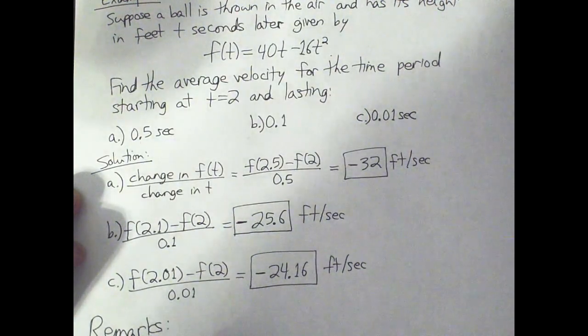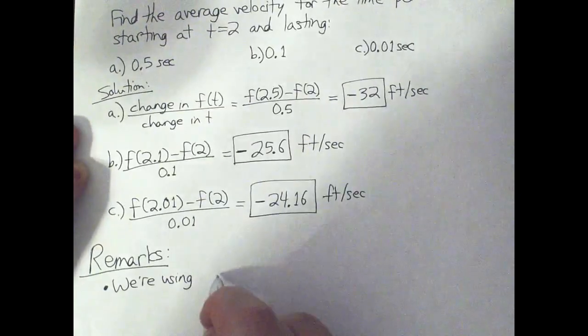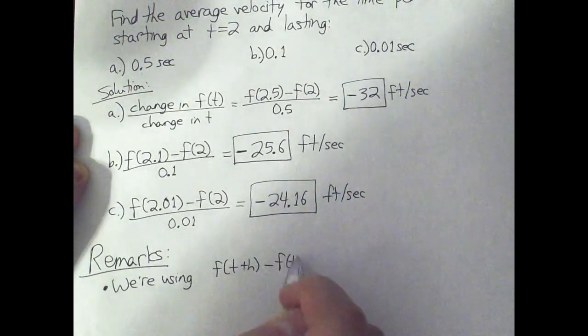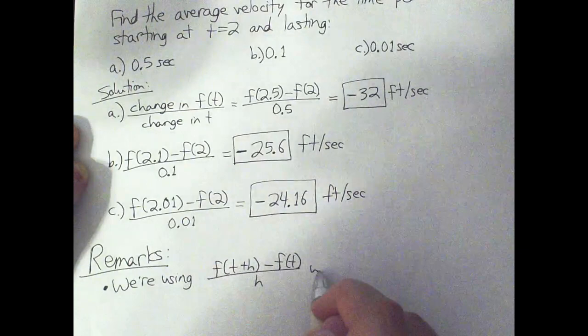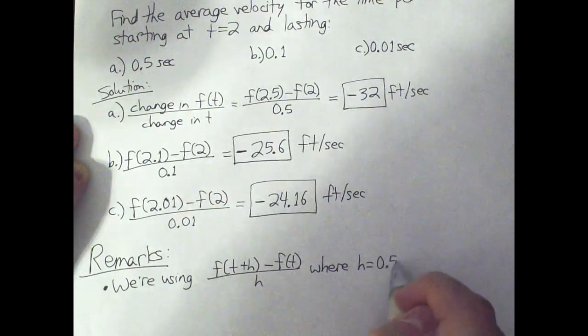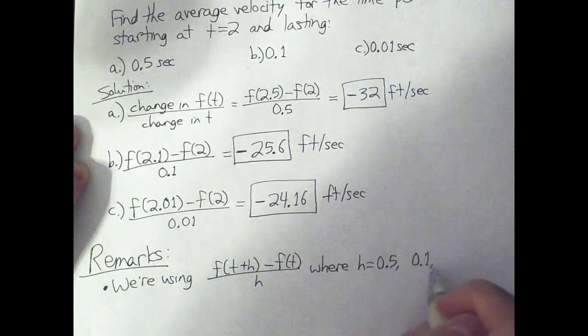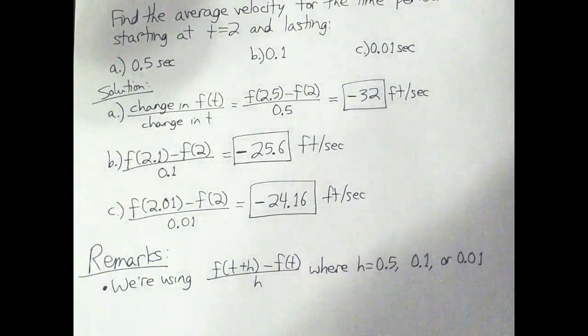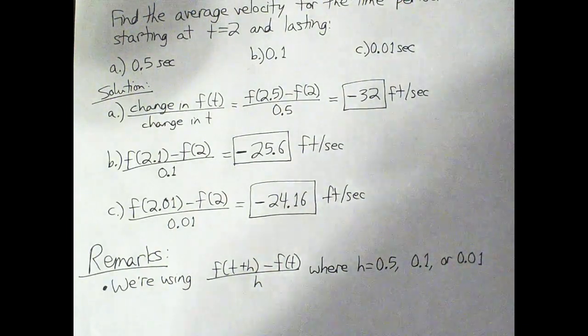Remarks: we're using f of t plus h minus f of t over h, where h equals 0.5, 0.1, or 0.01. The problem was set up that way, where that's what we had to do. It almost looks like we're letting h approach 0.